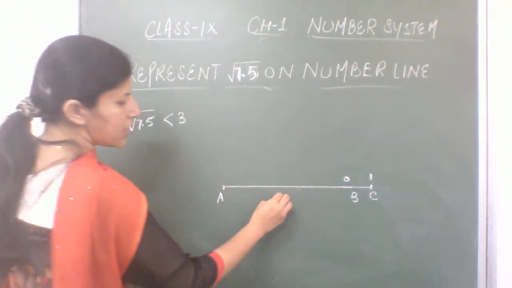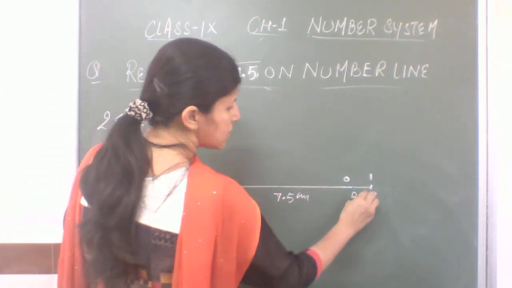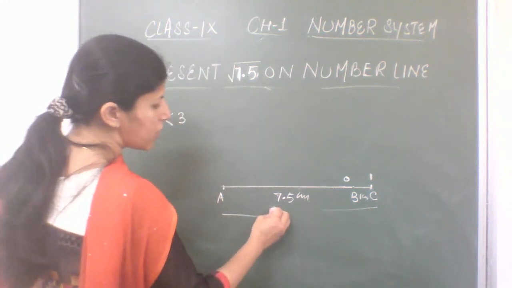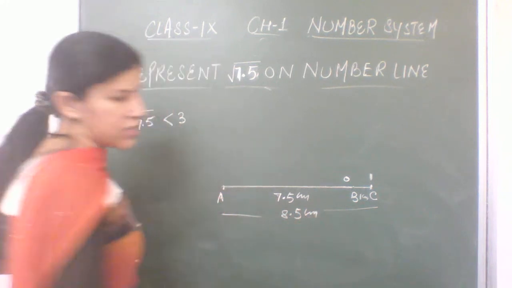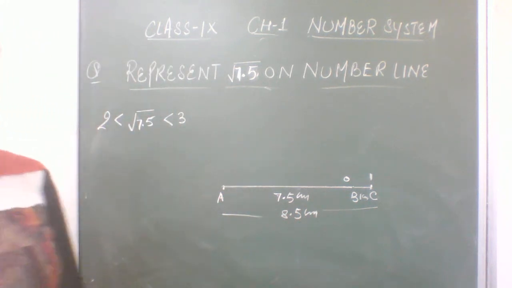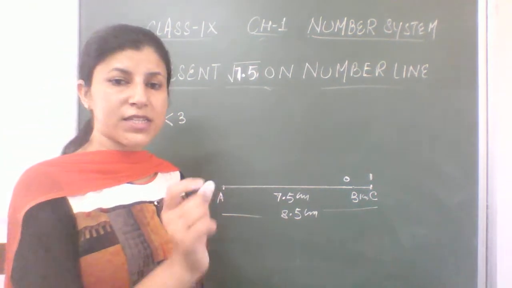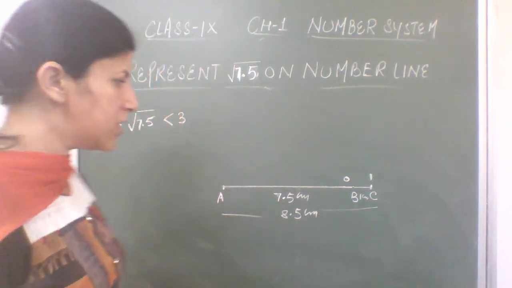What is this length? This is 7.5 centimeter and this is 1 centimeter. What is the total length of AC? This will be 8.5 centimeter, right? You have to draw all these things with the help of your scale and take exact centimeters, as mentioned on your scale, right?